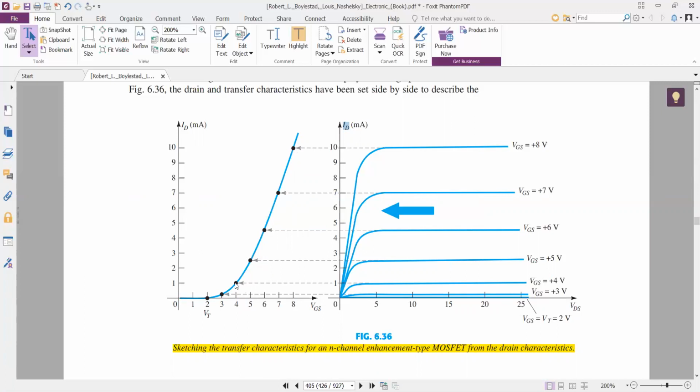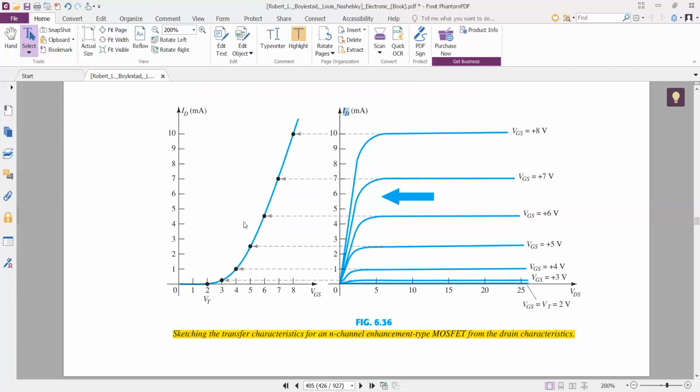So this dot is placed at this point. For VGS equal to 5 for this characteristic, IDSS is 2 point something and this point is achieved, and so on. By drawing a line through all these points we get a graph between VGS and ID.